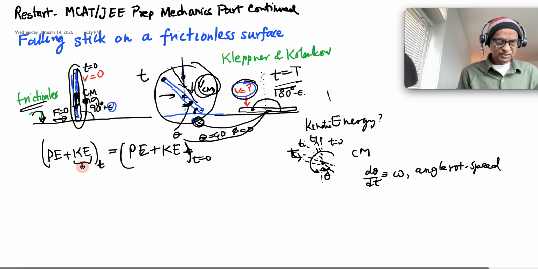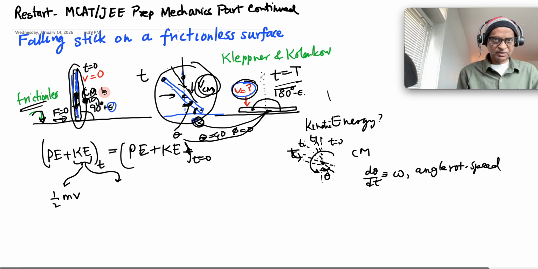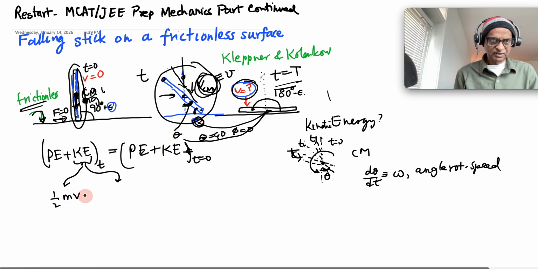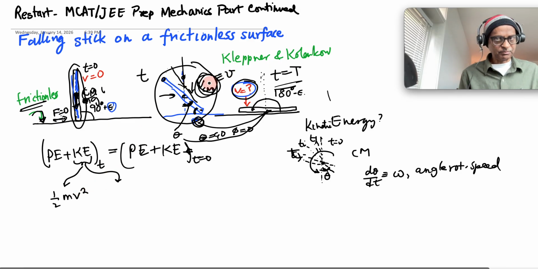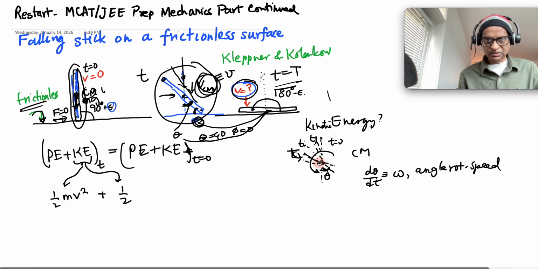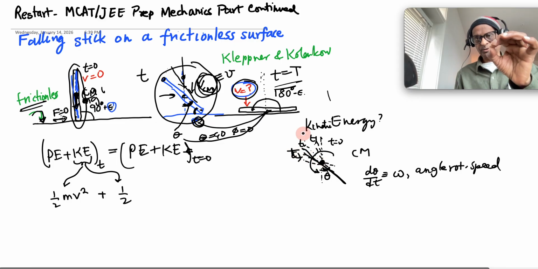So kinetic energy, going back to it, is going to have two components. It's going to be half m v squared, where v is the v of cm; I'm just trying to simplify notation. And it's going to be half I omega squared, because we want the moment of inertia about the axis through the center of mass.